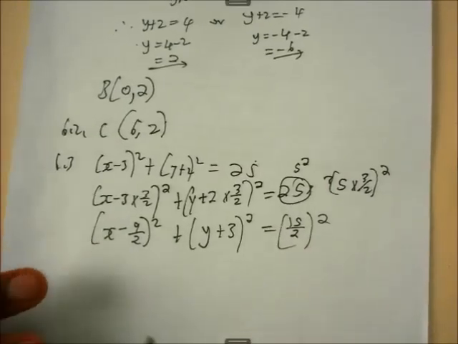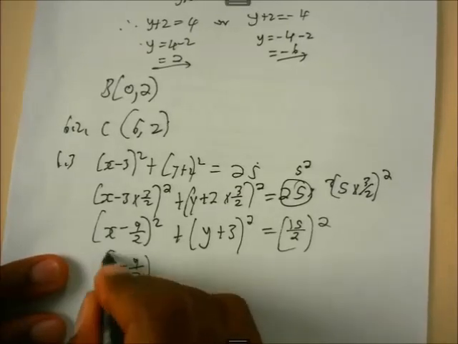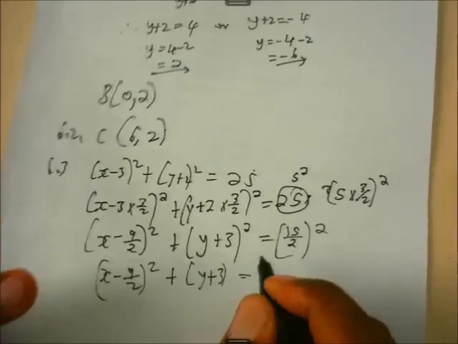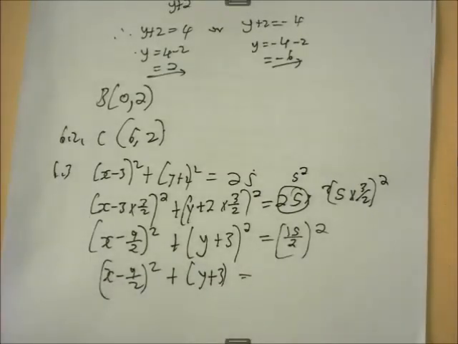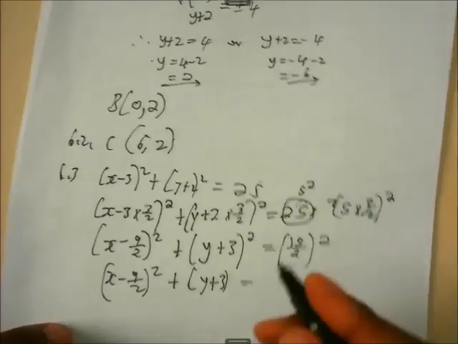When I simplify, it is x minus 9 over 2 all squared plus y plus 3 all squared equals 15 squared over 4. What is 15 squared? 15 times 15 is 225.